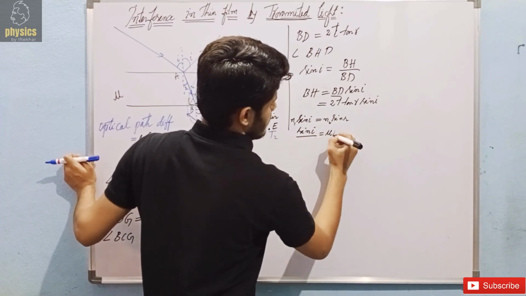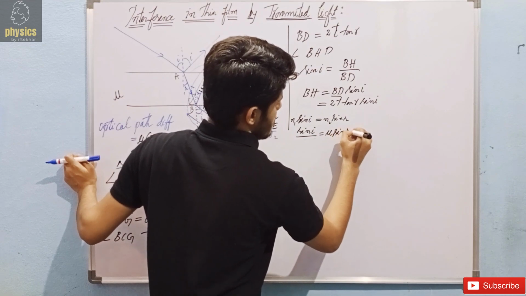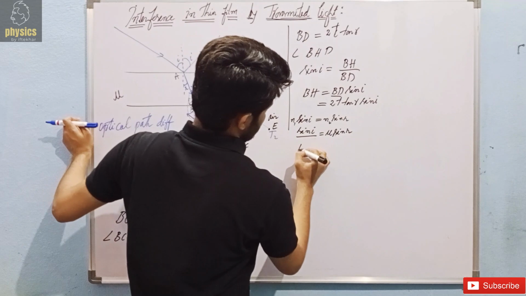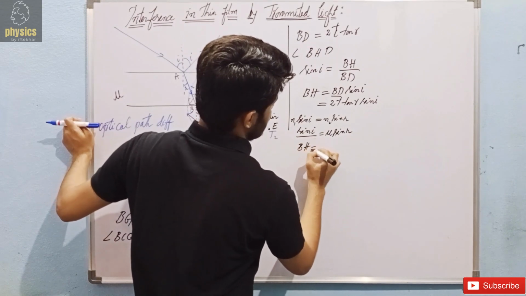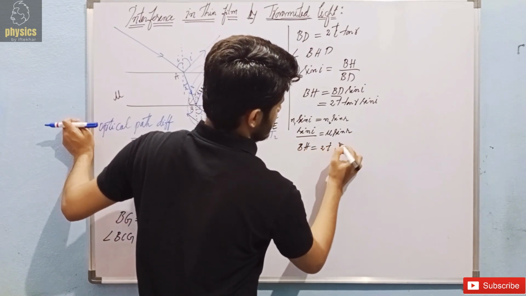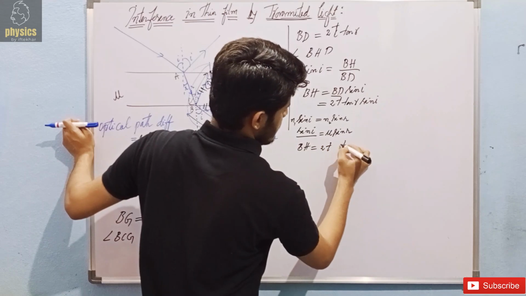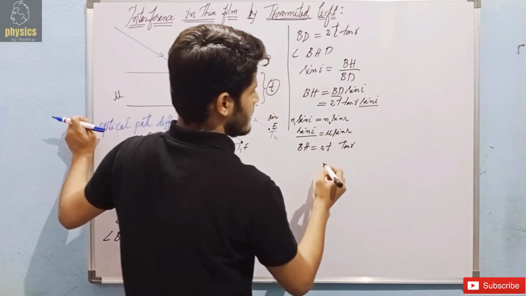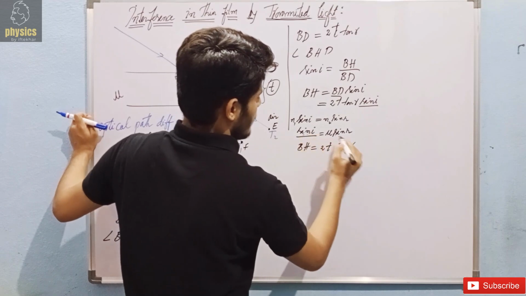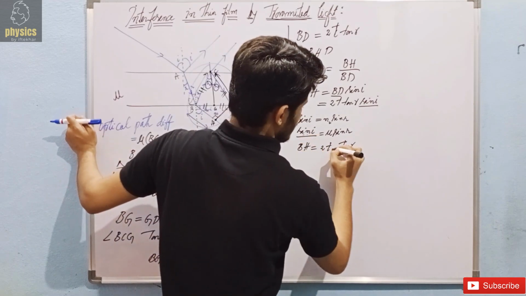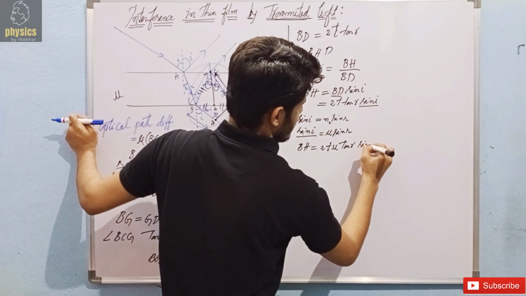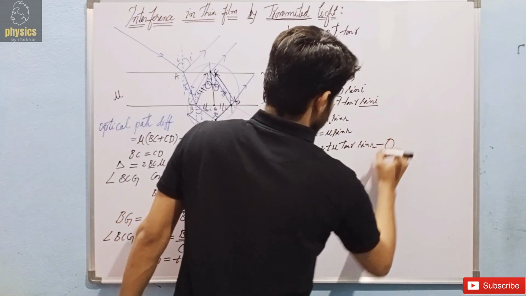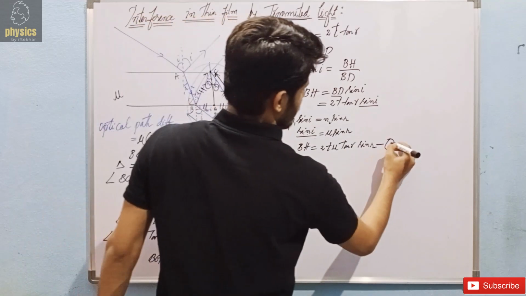So you can write sine I is equal to mu sine R. So this BH distance will now become 2T tan R, and instead of sine I we replace it with mu sine R. Let this be equation number 5.